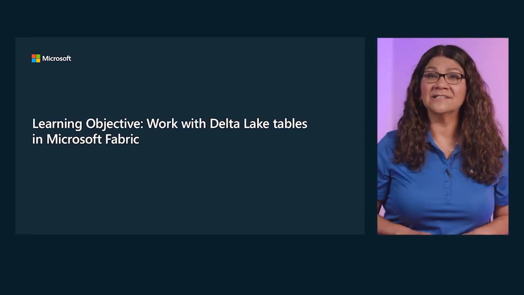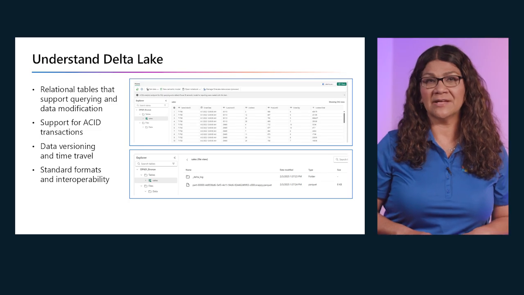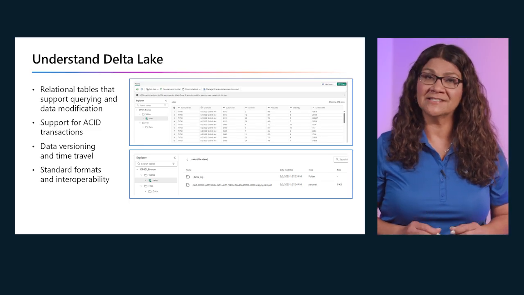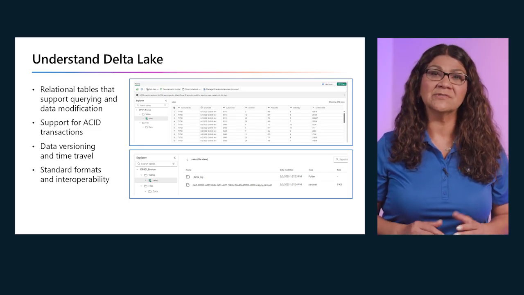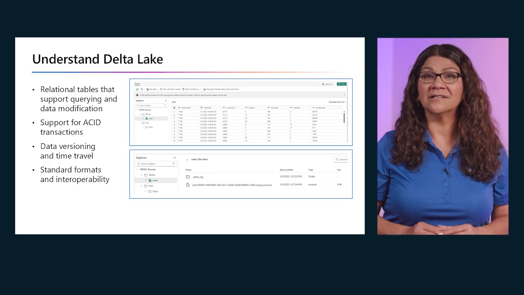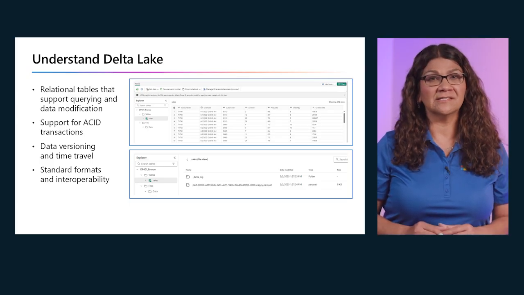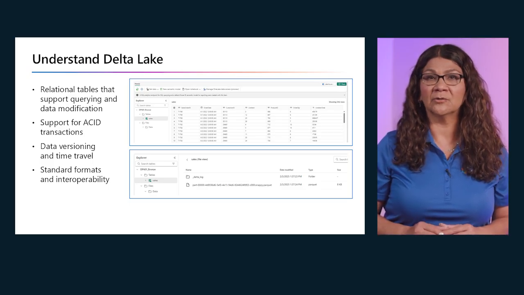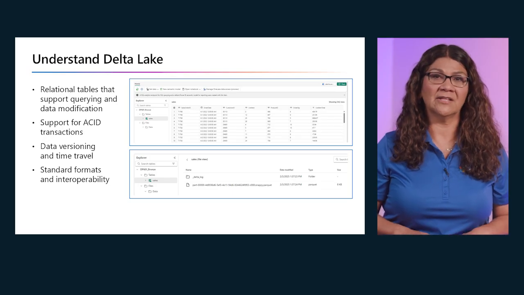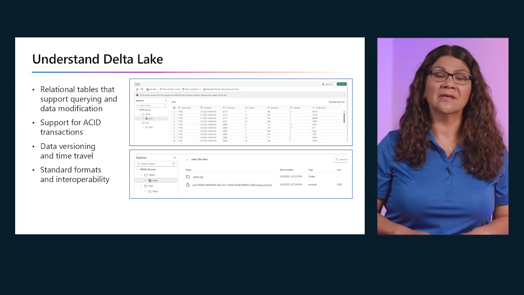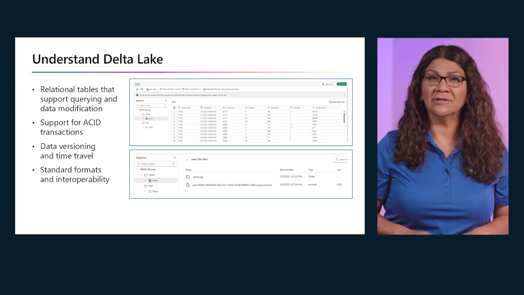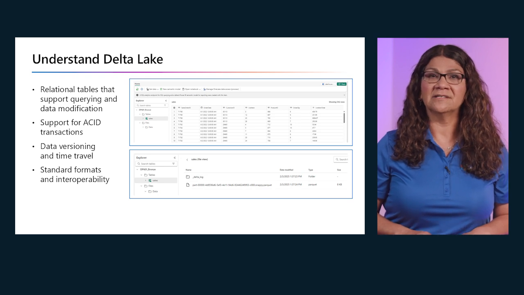Delta Lake adds relational database semantics to Spark-based data processing. Tables in Fabric Lakehouse are Delta Lake tables, which is signified here by the triangle or delta icon on the table in the Lakehouse Explorer, with the sales order table with a triangle on it.